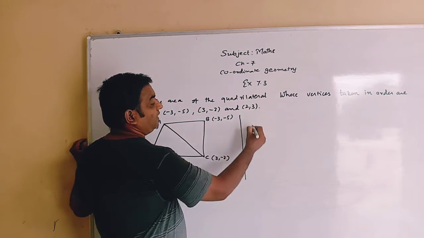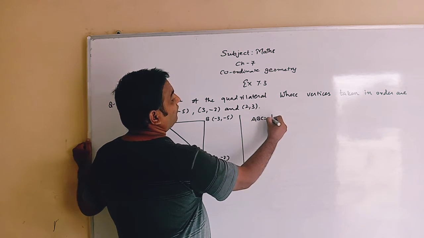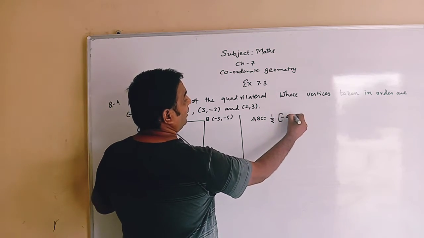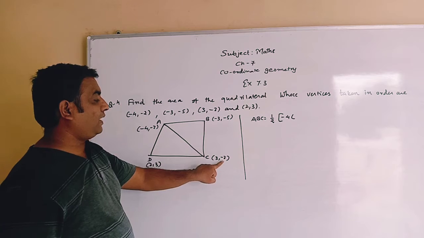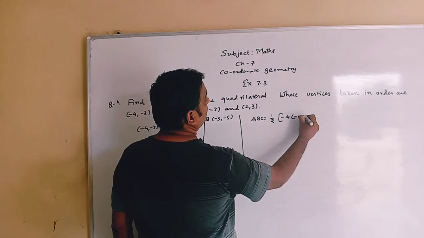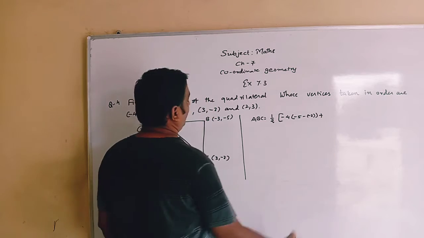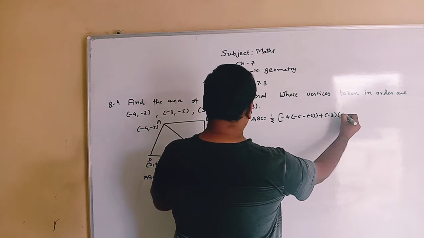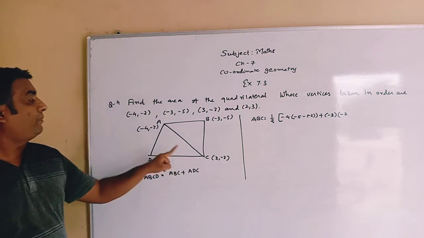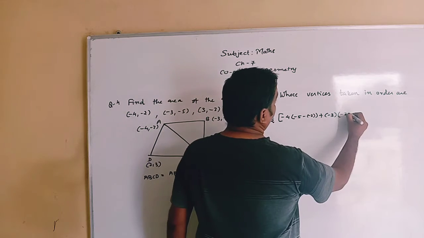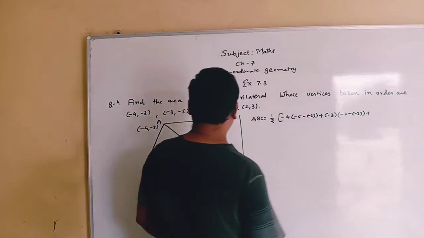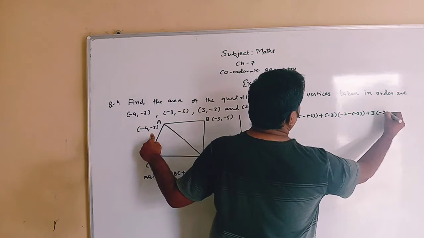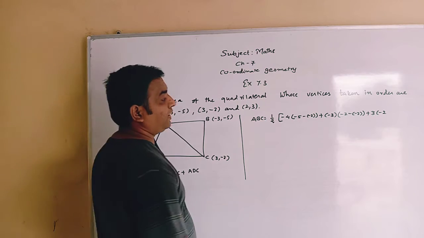So for that, ABC equals 1 by 2 minus 4 into minus 5 minus minus 2, plus minus 3 into minus 2 minus minus 2, plus 3 into minus 2 minus minus 5.